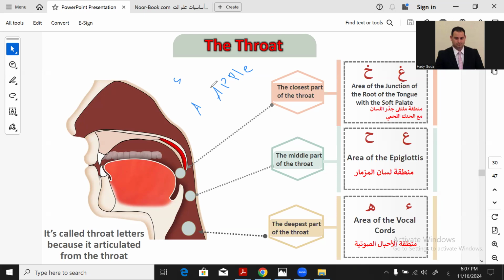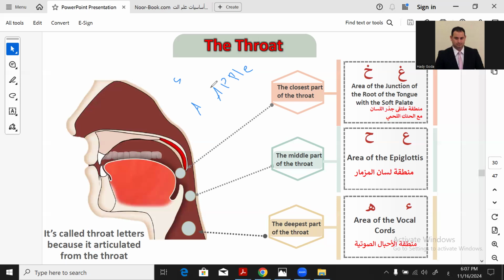Now put your finger on your jugular notch. You can feel the vibration in the jugular notch, which allows breath to move forcefully. So we can say that the opening of the vocal cords allows breath to move forcefully.